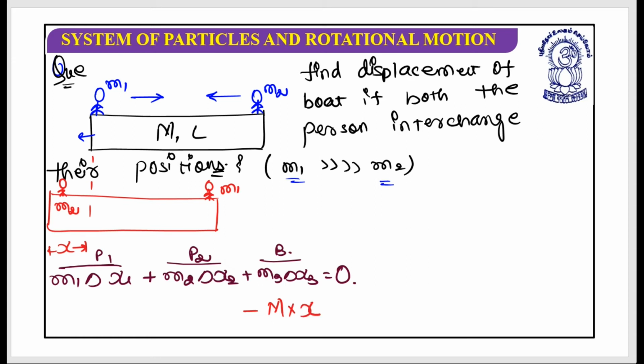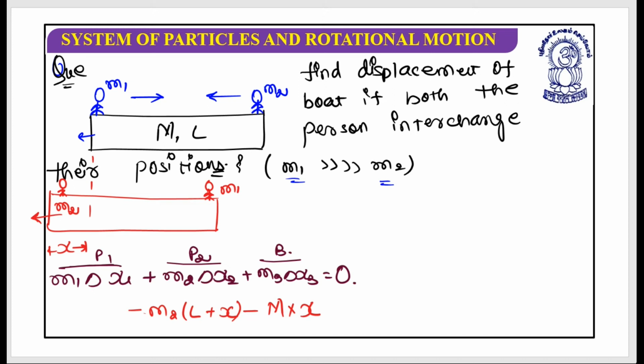Let's talk about person 2. Yes, it has been moving in the negative x direction, so it is minus of m2. But what would be its displacement? Let's look at it: as the boat has been displaced in this direction, the actual displacement of person 2 is L plus x.